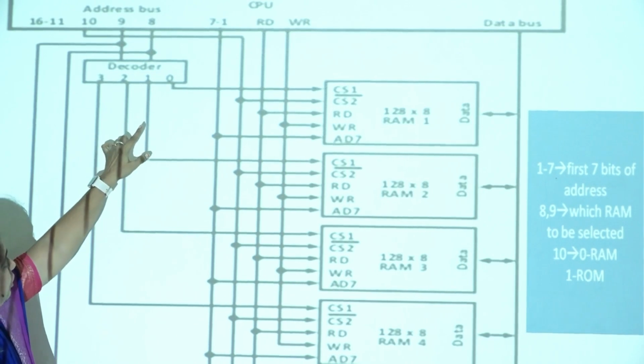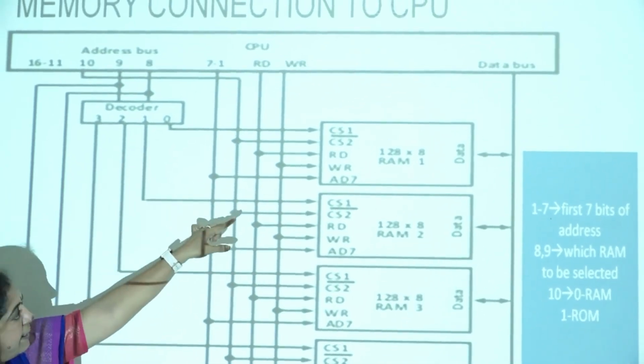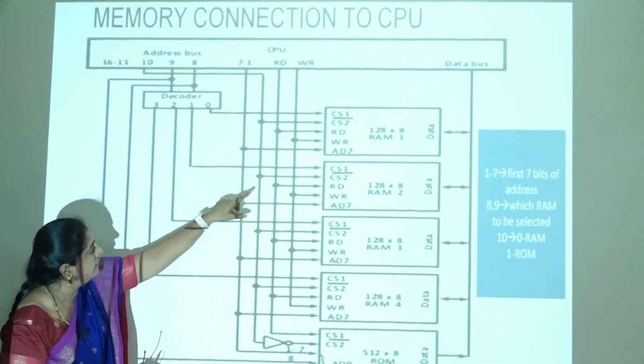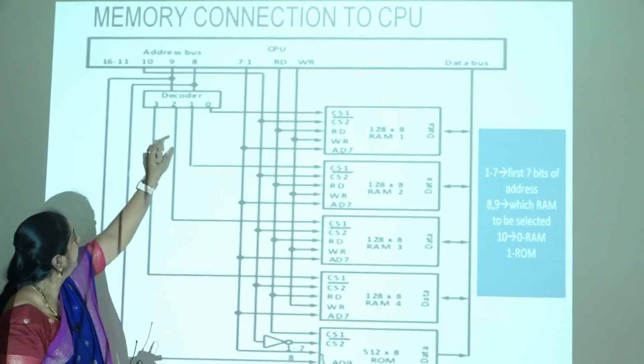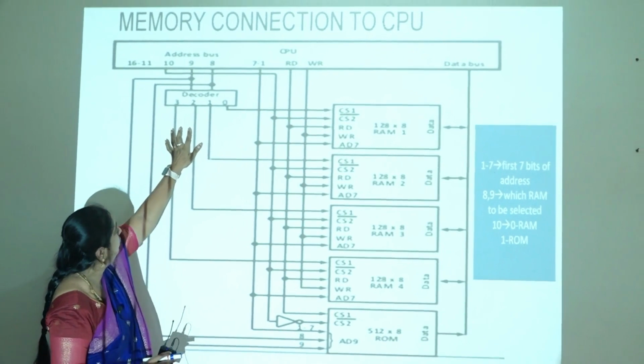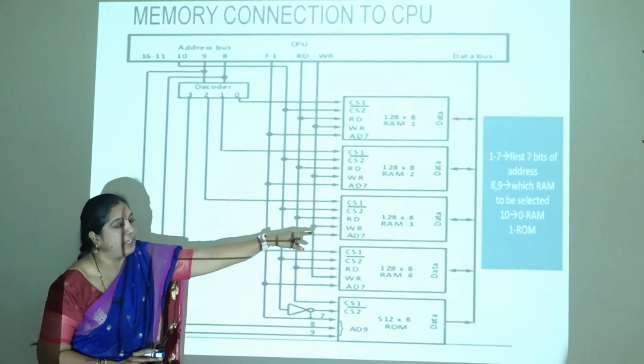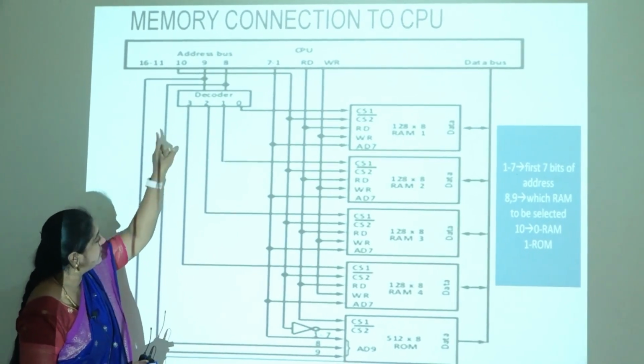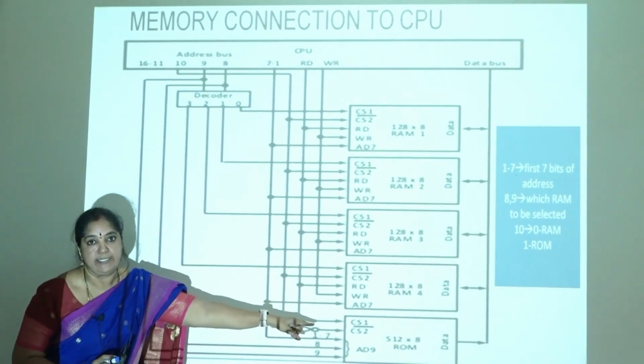So if it is 0, 0, the value is 0, so RAM 1 is selected. If it is 0, 1, the value is 1, so RAM 2 is selected. If it is 1, 0, the value is 2, so RAM 3 is selected, and if it is 1, 1, the value is 3, so RAM 4 is selected.